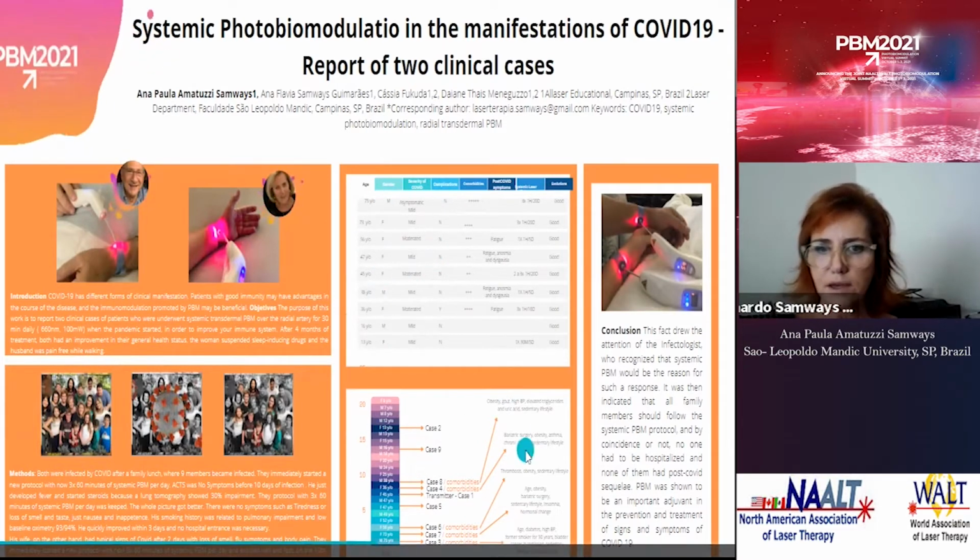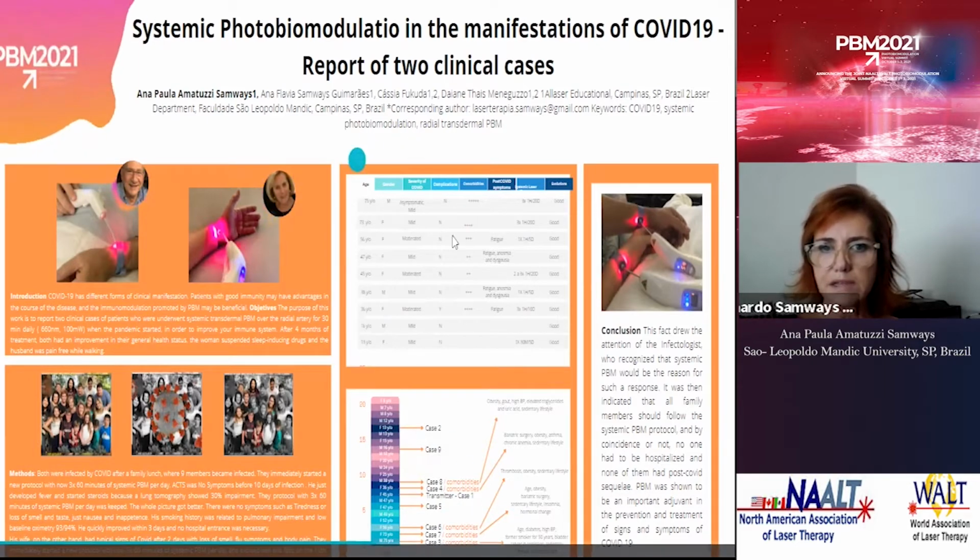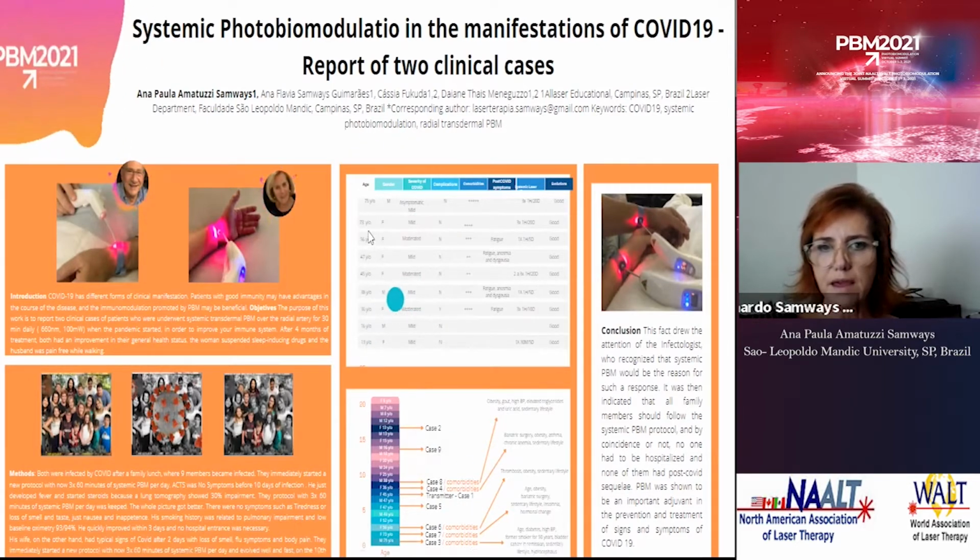As we can see over here, we had 9 cases, all of them with comorbidities, but the most important for us were these two, because they are the oldest people and they have more comorbidities. On this screen, you can see their age is higher than the other ones, and they did really well.